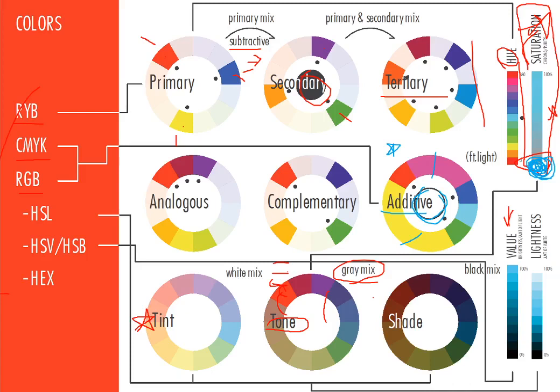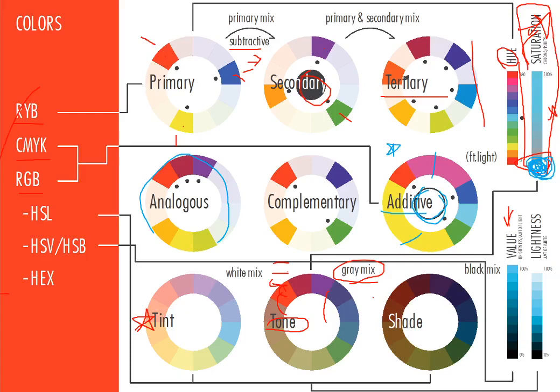Okay, are we done? No. Now we have to know how to use them. Okay, that's the most important thing. We have here analogous color when creating softer user interfaces for the users.